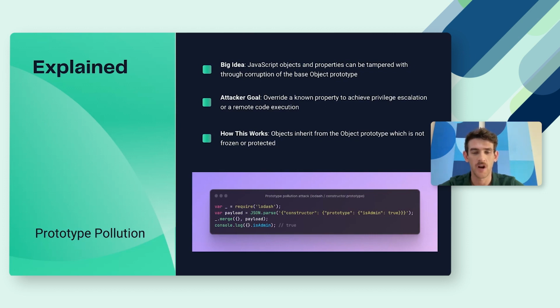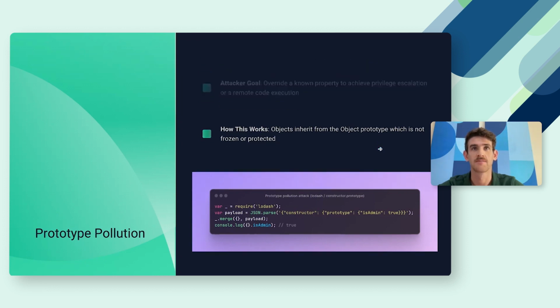And once this vulnerable function is called from the Lodash library, any object will have the isAdmin field set to true. And if you have some access control check on whether or not you can read customer data or modify customer data, this could be a path to having your database or sensitive operations gain unauthorized access.